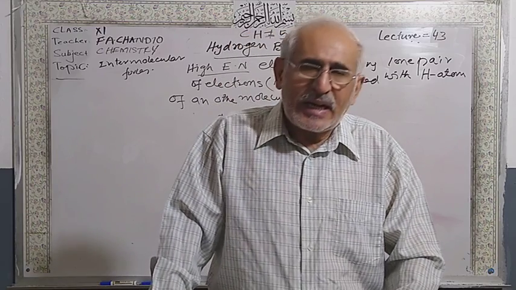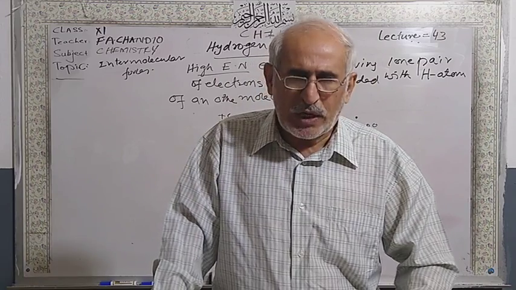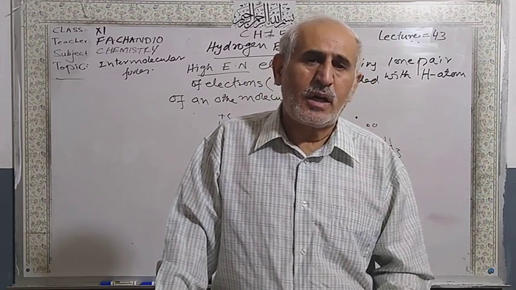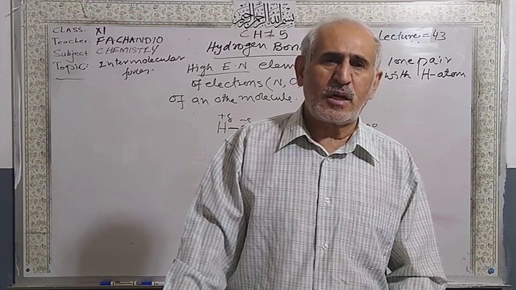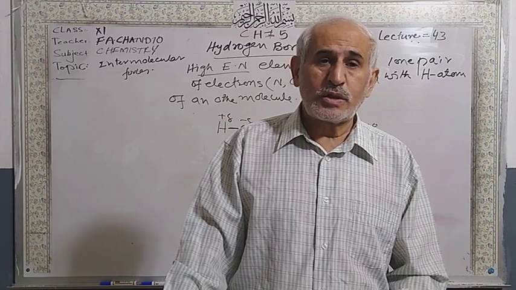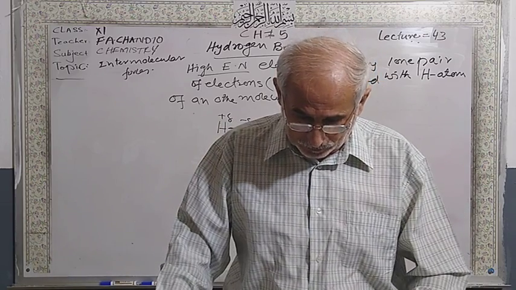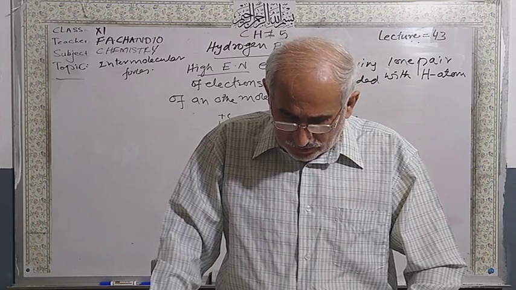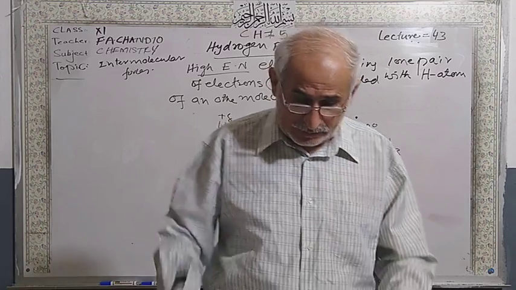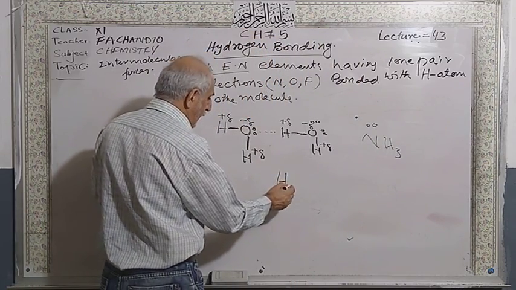Hydrogen bond is weaker as compared to the covalent bond, but stronger than the dipole-dipole forces in the case of hydrogen chloride, which I told you about in the previous lecture, and also in the case of chloroform. So the boiling point and heat of vaporization of water are higher than those of hydrogen sulfide.